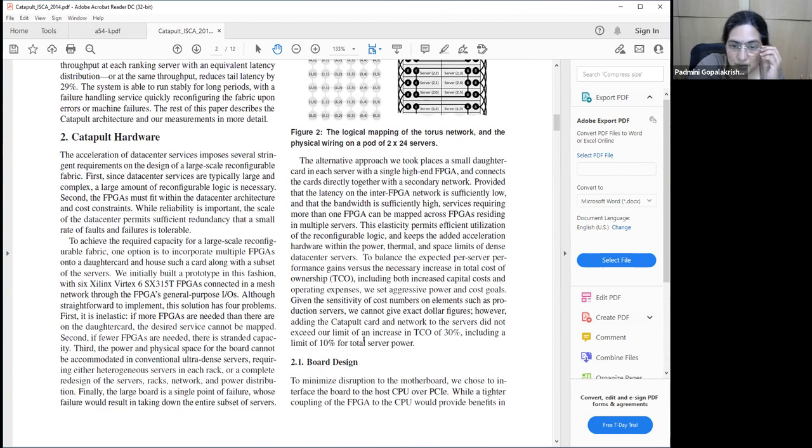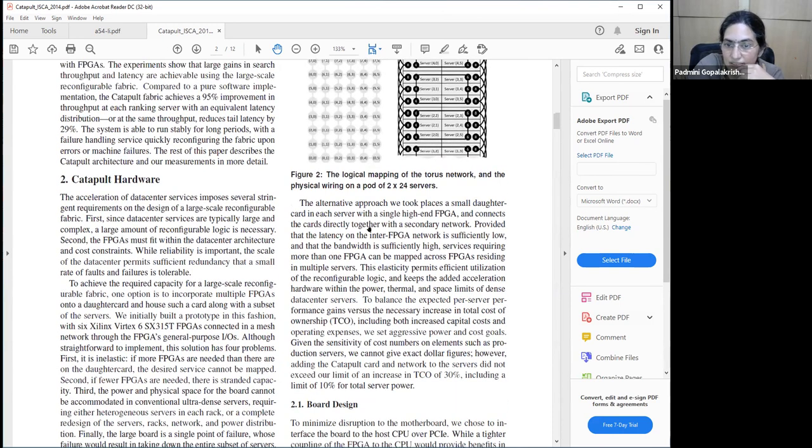Okay. So they took this alternative approach of having a small daughter card in each server. And then these cards are connected together with a secondary network. What they ensure is that they have low latency and high bandwidth on that inter-FPGA network, so that you can take applications which are too big to map on a single FPGA and map them onto a group of FPGAs.